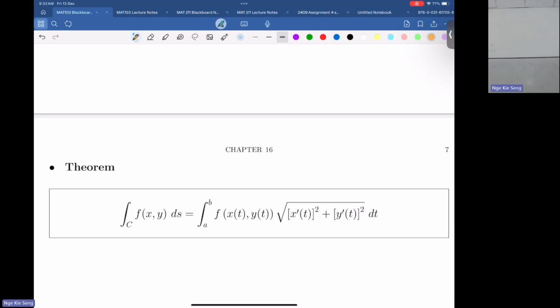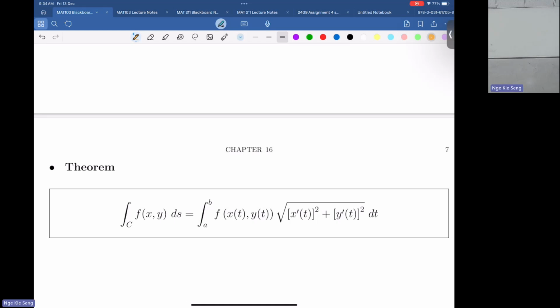So you see, we involve the parametric curve in this integral now. In this last chapter, we will put everything together. Without this f, you are just computing the length, but this f gives height to the length. So that's why we are computing the area under that curve.